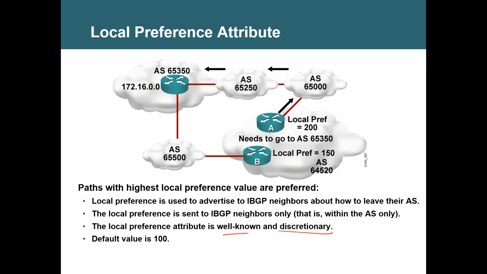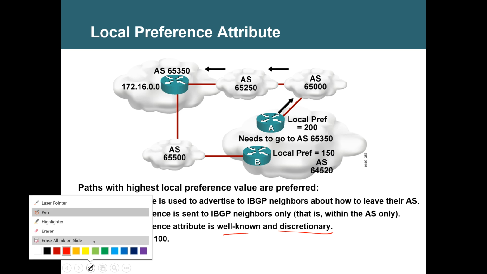Even though it is not advertised, EBGP is not going to say, I'll consider it partial. No, no. It is well known discretionary, meaning even if it is not there, it is fully qualified, not partially qualified. If it is an optional transitive, then it is partially qualified if it is not found.